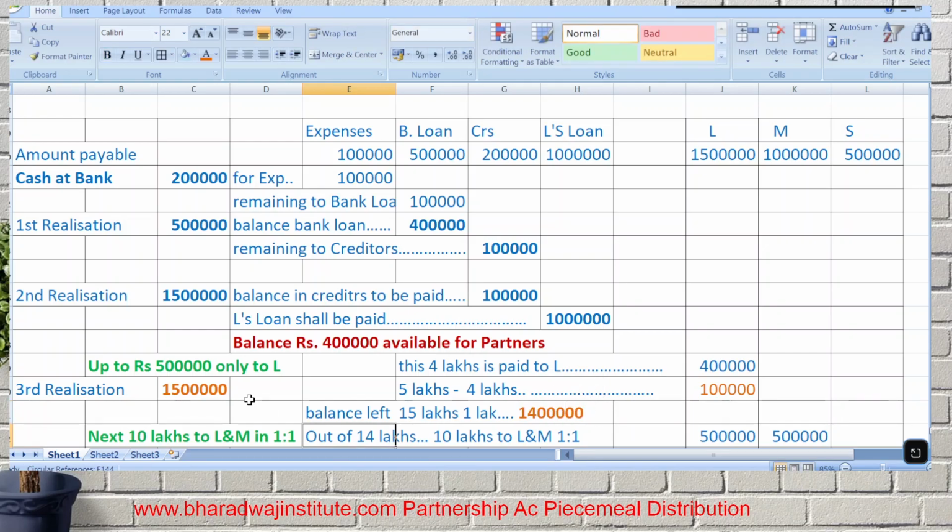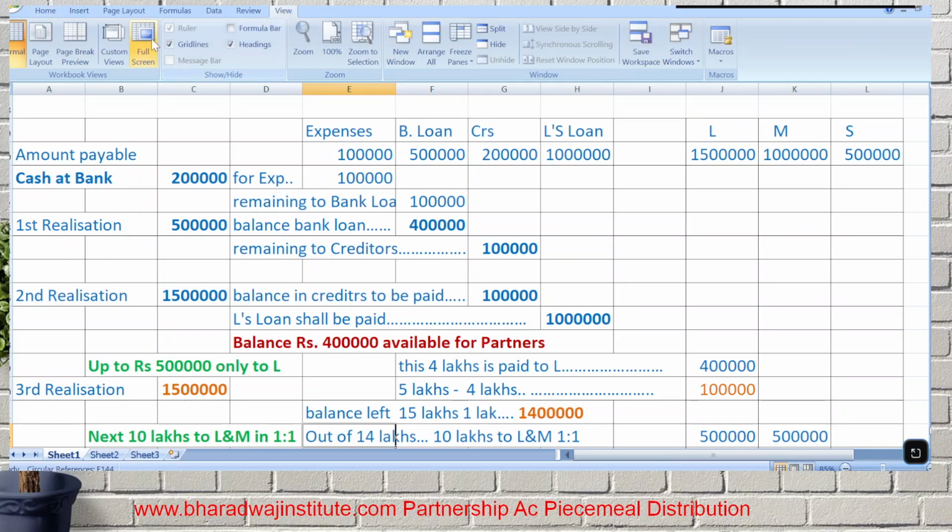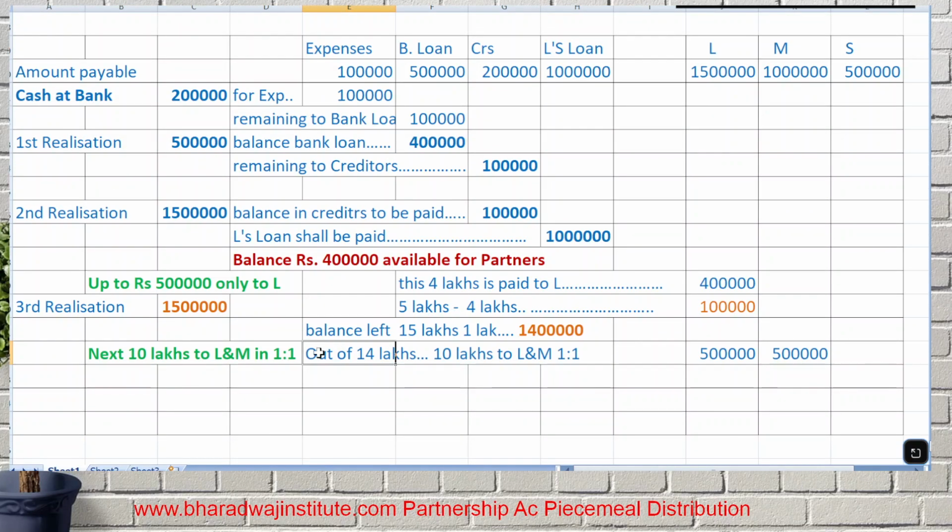And what do we do with the 14 lakhs? 10 lakhs is paid to whom? L and M only. Any balance? Balance will be 15 lakhs minus 1 lakh already paid minus 10 lakhs already paid. Balance 4 lakhs. What should we do with this?